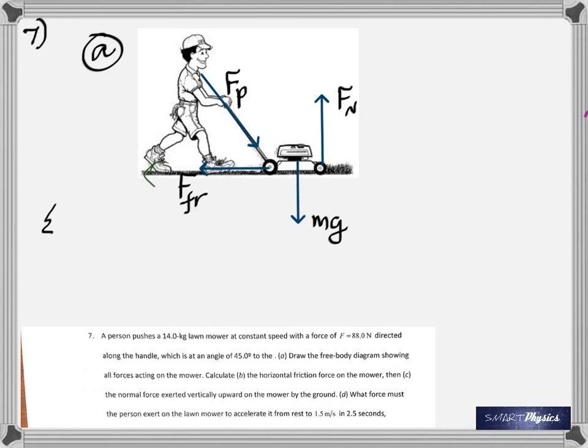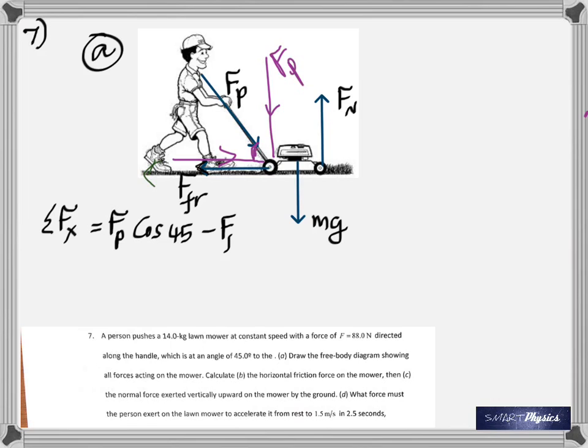Okay, friction. To calculate friction, you'll have to start with the net force along the x. As I told you, I've drawn Fp cos 45 minus friction. Is that right? Because he's pushing. The 2 components, you see it there, Fp sin theta and Fp cos theta.